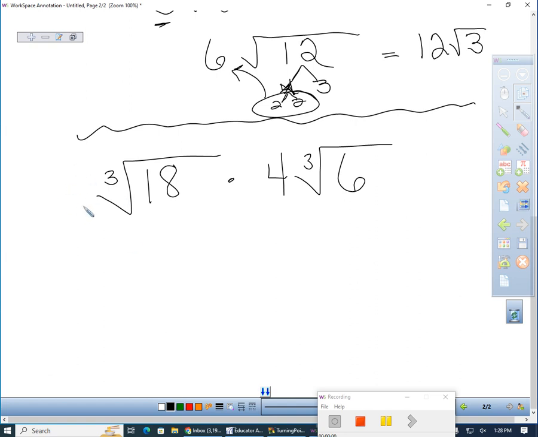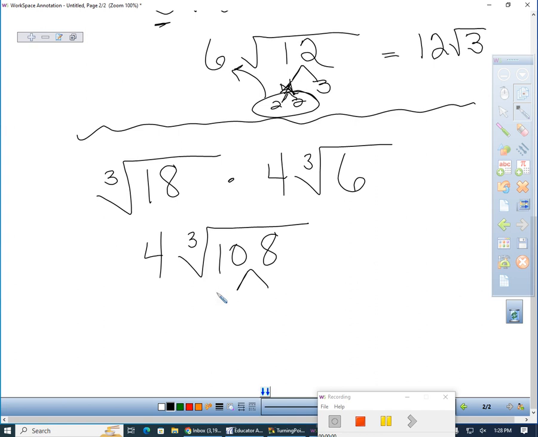What's the outside over here? Okay, so 1 times 4 is 4. I have the cube root. Now, if I don't include my 3 there, it's a totally different thing. So remember that when you're writing it down in your homework, if it's a cube root, it's got to have a little 3. If it's a 4th root, it's got to have a little 4. Then we're going to multiply 18 times 6. 108. Beautiful. Now what's our last step?